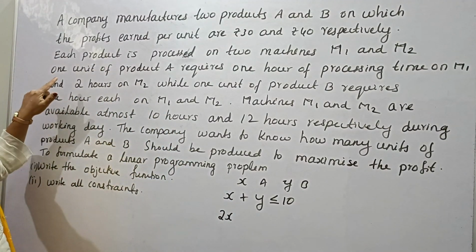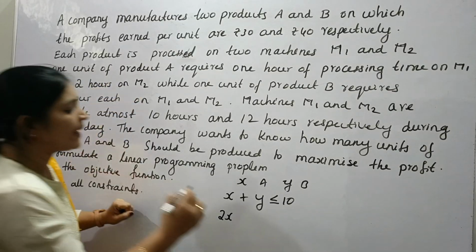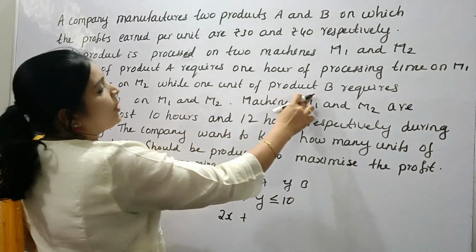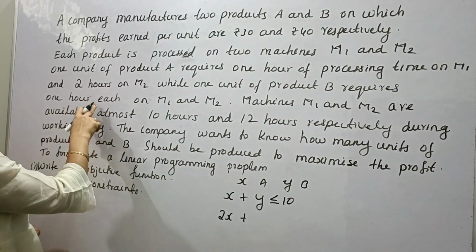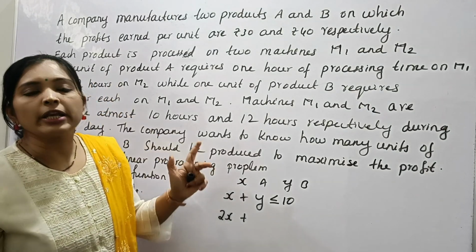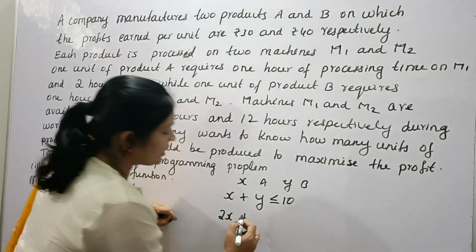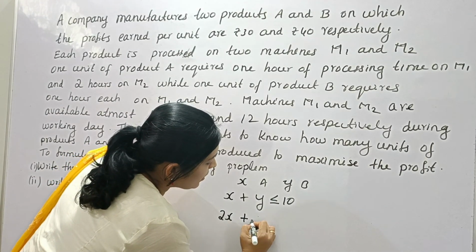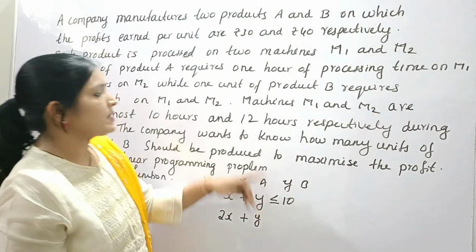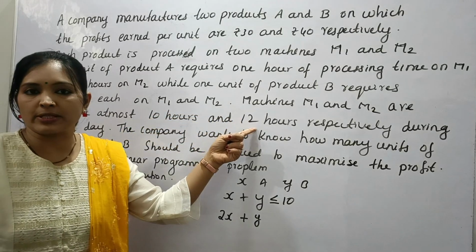Then what about product B? See here, 1 unit of product B requires 1 hour each on M1 and M2. Therefore, product B requires 1 hour in machine M2, so that is y into 1, that is y. And here, machine M2 is available at most 12 hours.